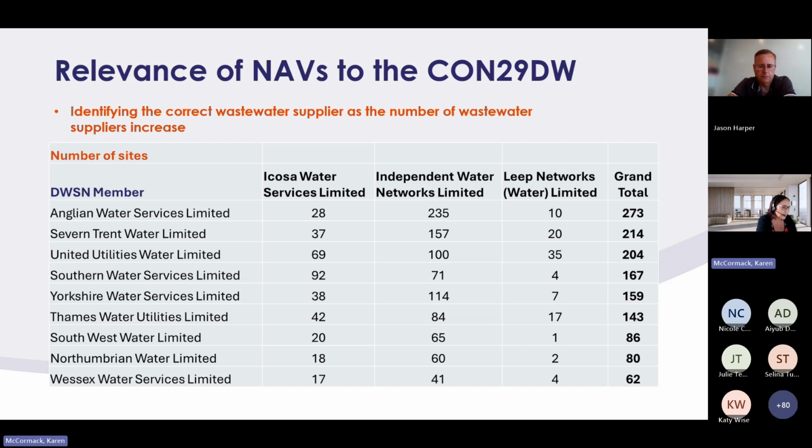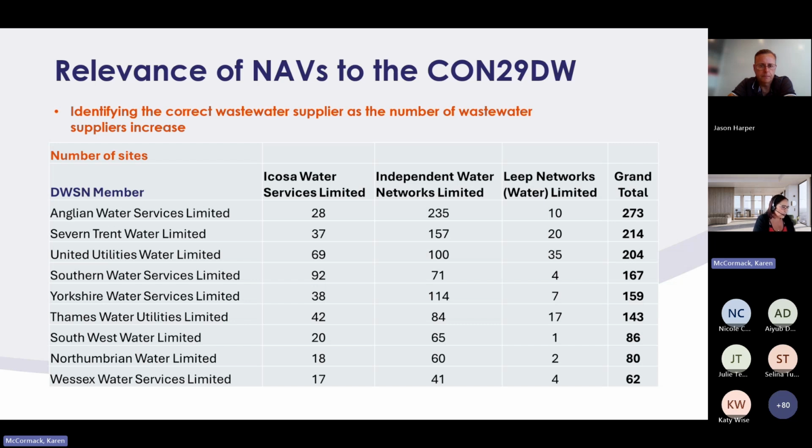And we are engaging with the larger NAVs to try and encourage the production of the drainage and water reports to the same high consistency and standards as the CON29DW reports. NAVs aren't in a position at the moment to join DWSN, but our desire is to have them as members.